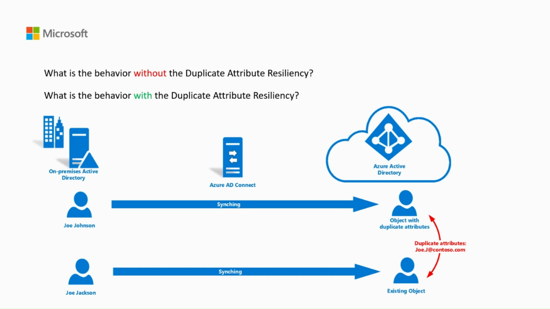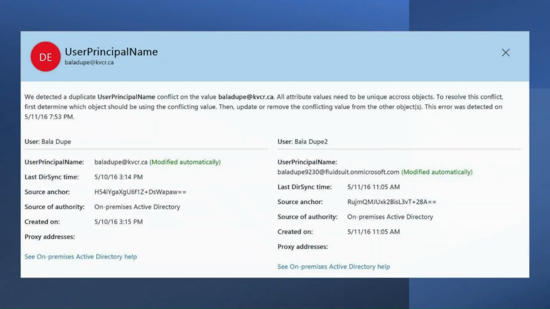The format of this temporary value is the original prefix plus 4-digit numbers at initialtenantdomain.onmicrosoft.com.